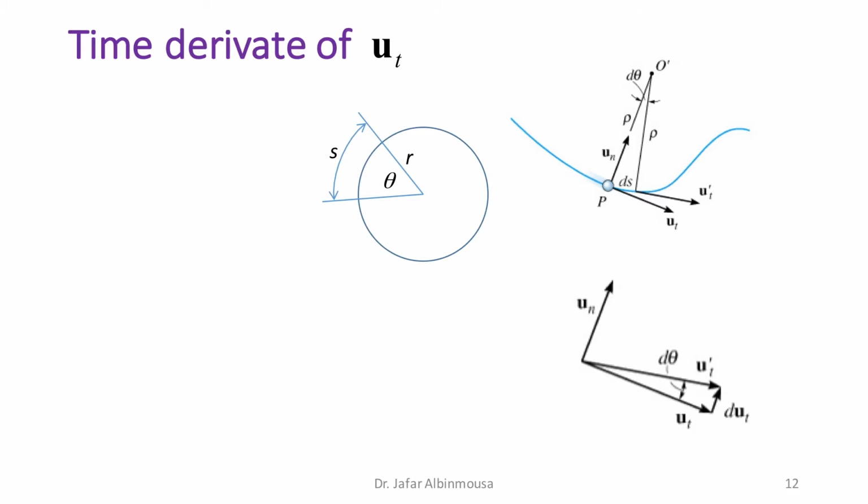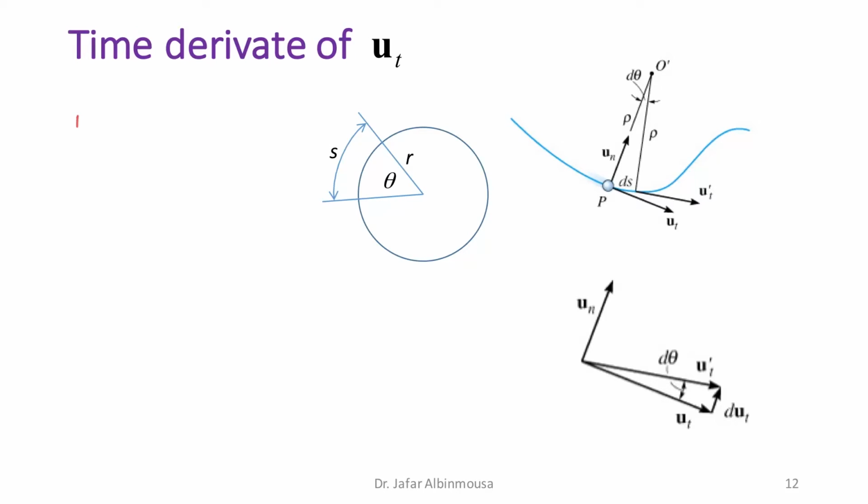We also call the angle, which measures the difference between these two vectors, d theta, the differential angular displacement. And this one is dut, which is the amount of change in ut, the tangential unit vector.